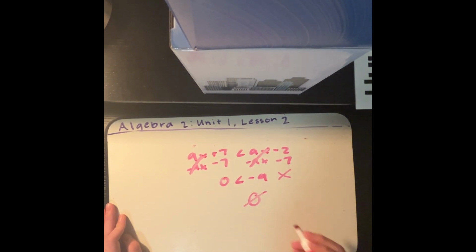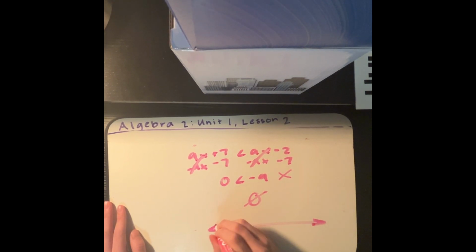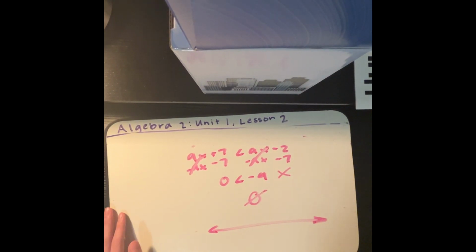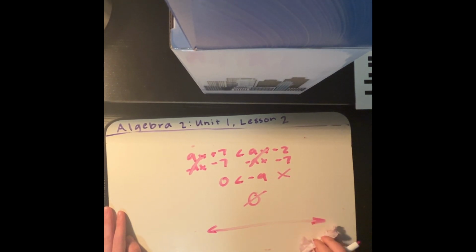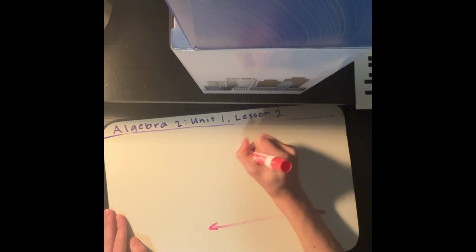When we're graphing no solution, there's not really much you can do. It's just going to look like this. You don't have to draw any arrows or anything. And for the interval notation, you can just write that there's no solution. And I think I forgot to mention, if you had all real solutions here, to graph that, it would look like this.